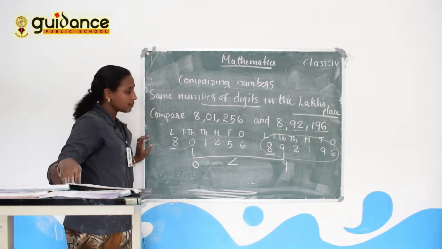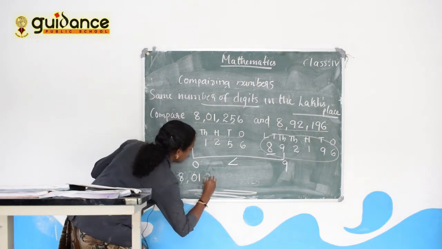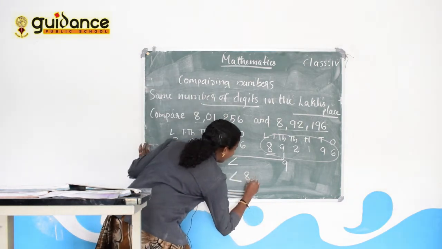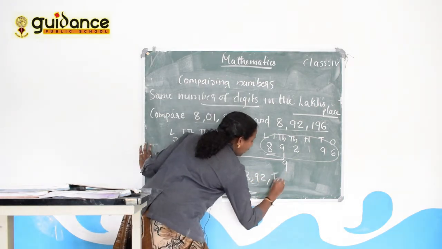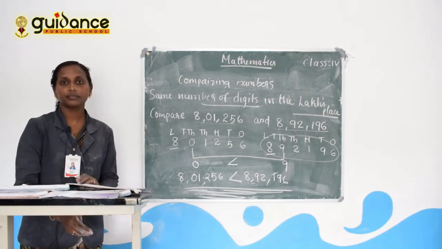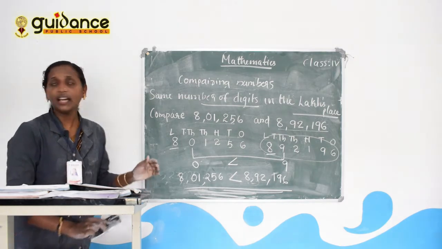All of you write: 8,01,256 is less than 8,92,196. That is the answer. All of you got it? The next.